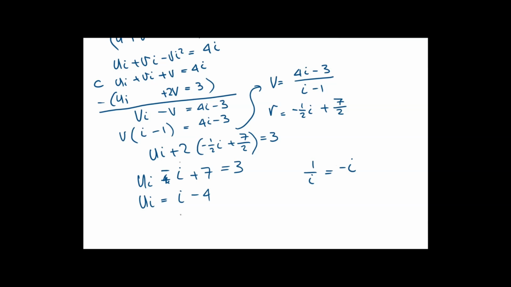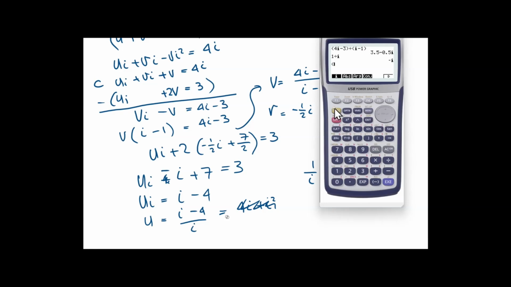So U is going to be equal to i minus 4 divided by i, which is 4, positive 4i plus i squared, which is negative. Let's use the calculator. I'm too tired.